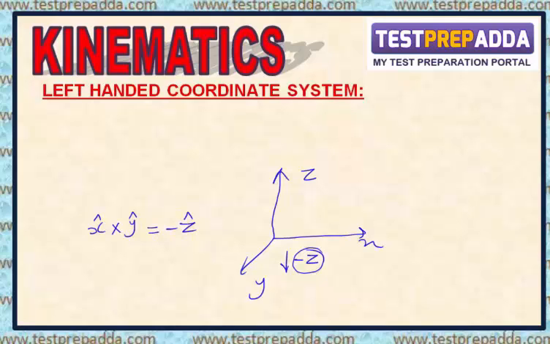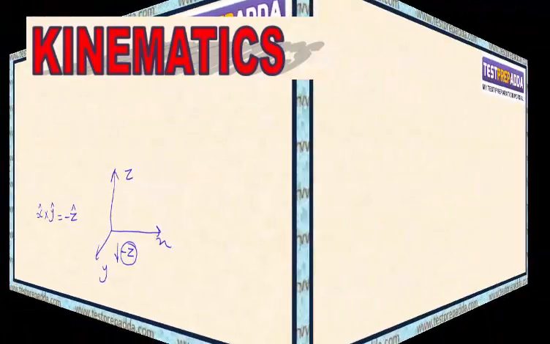Dear students, please note that the left-handed coordinate system is the mirror image of right-handed coordinate system, and the handedness of coordinate system does not change when rotated.